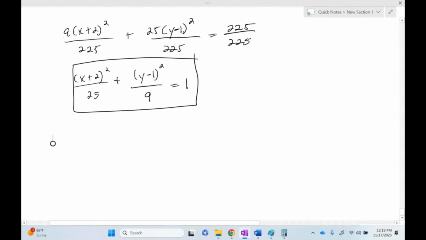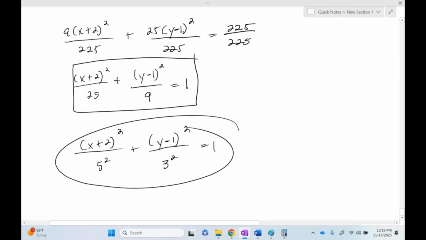And I'm sorry, you got to take this a little bit further. You got to write these denominators out. I just thought about that. This would be 5 squared plus 3 squared. Make sure you write the denominators out in a squared format.